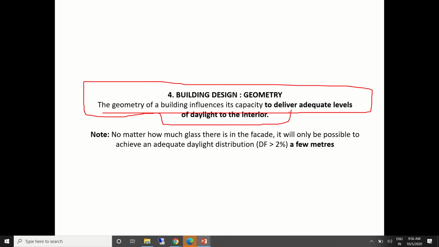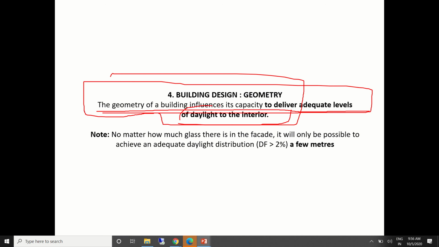If you ask me personally what is the role of the architect in sustainability or energy efficiency, it is in the design of buildings. The more consciously you design, the better it is. If you have a good understanding of climate and how different geometry will perform in different climatic conditions, then we will be in a position to design the buildings properly. Geometry of a building influences its capacity to deliver adequate levels of daylight.